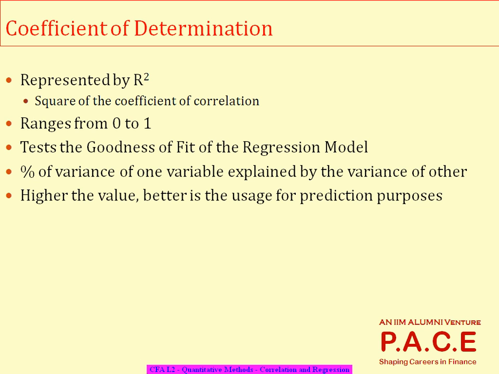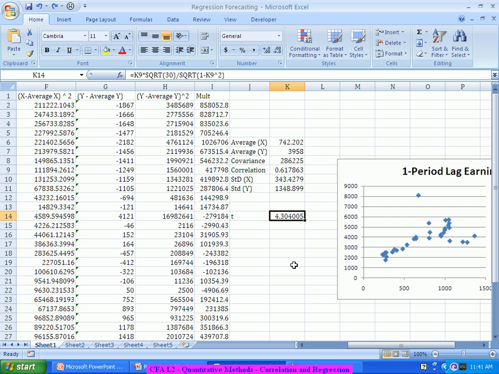The moment I find out r, r squared is the coefficient of determination. Now, what does it explain?